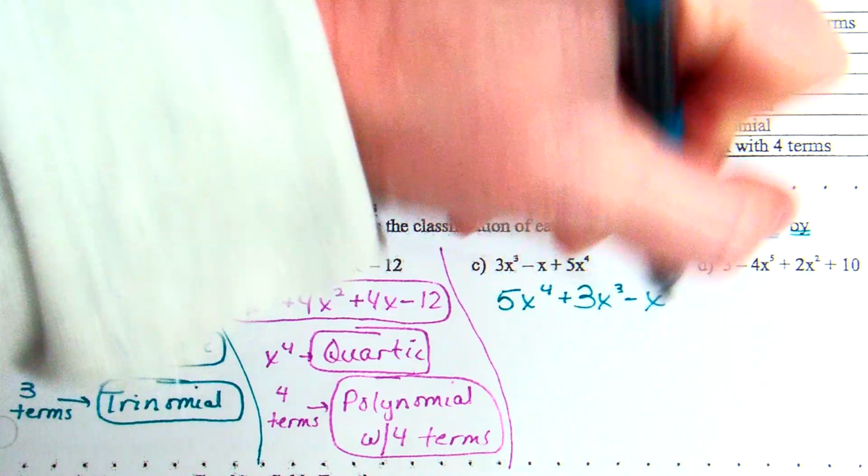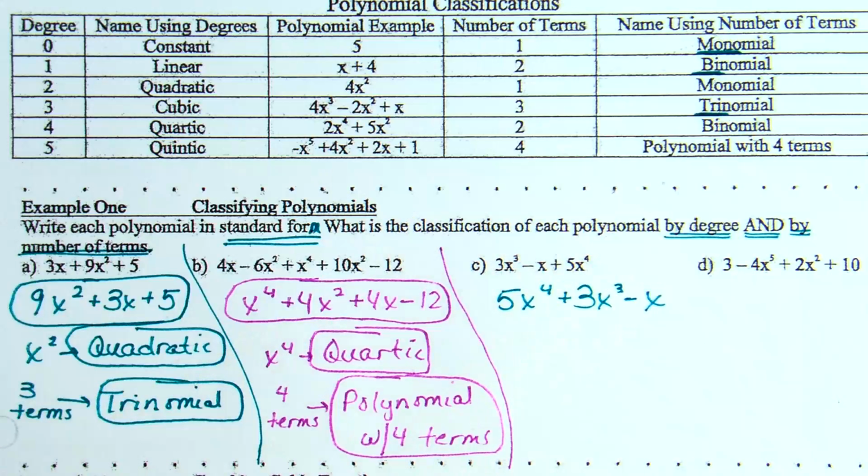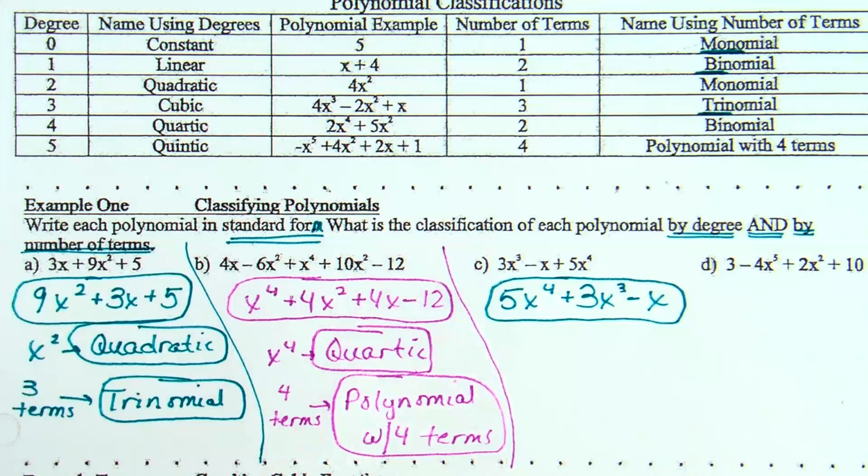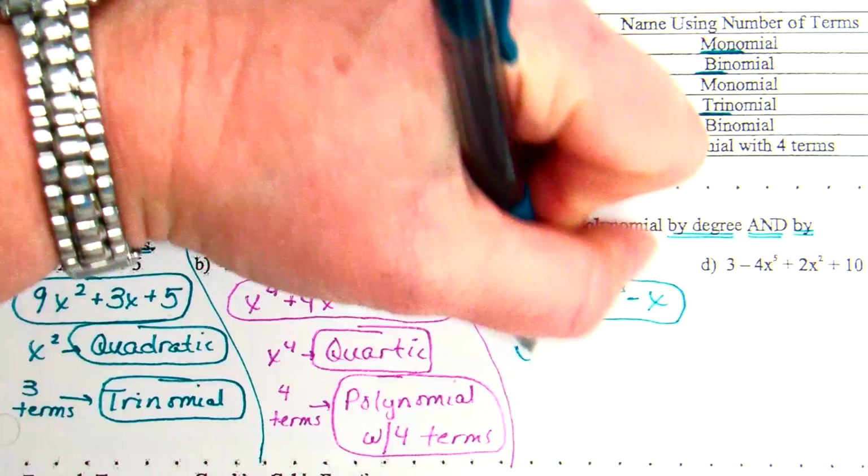Okay, 5x to the 4th plus 3x to the 3rd minus x is my standard form. Highest power is x to the 4th, which makes it quartic.